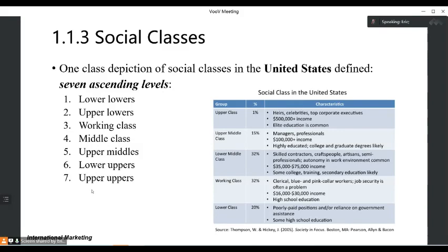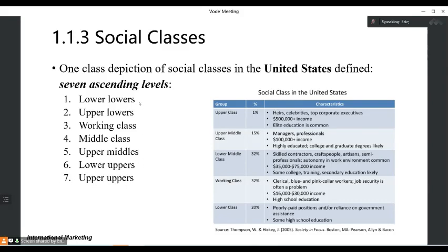So the first is the lower lowers, upper lowers, working class, middle class, upper middles, lower uppers, uppers.